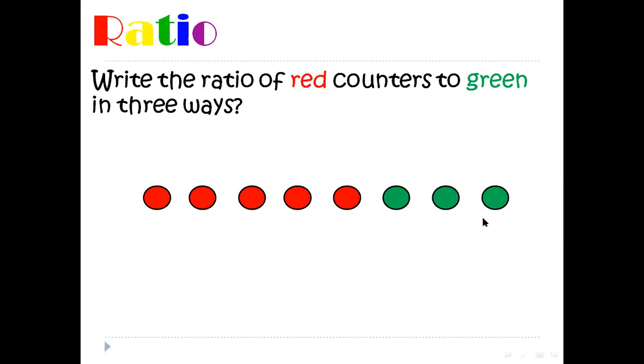We can write it either by using the word "to", 5 to 3, or we can use the colon, 5:3, and we can use the bar of the fraction, 5 over 3. So see, in the three ways we read it "to", and in all the ways we started with the red number 5 because they say in the question red to green.